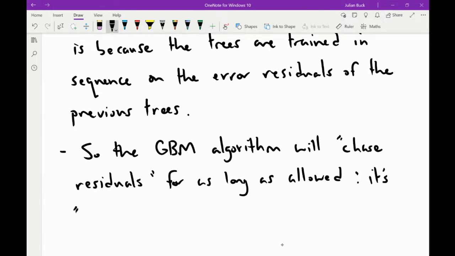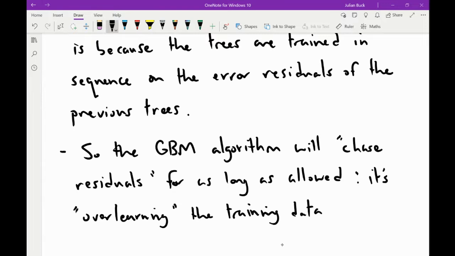So it's in some sense overlearning the training data. Overlearning here, I mean really meaning overfitting, right? So it's fixing the errors on the training data so that it fits the training data well. So thus it might not generalize well.